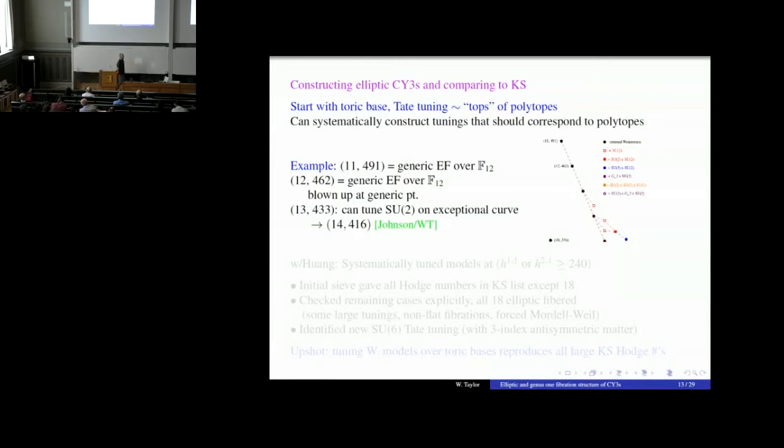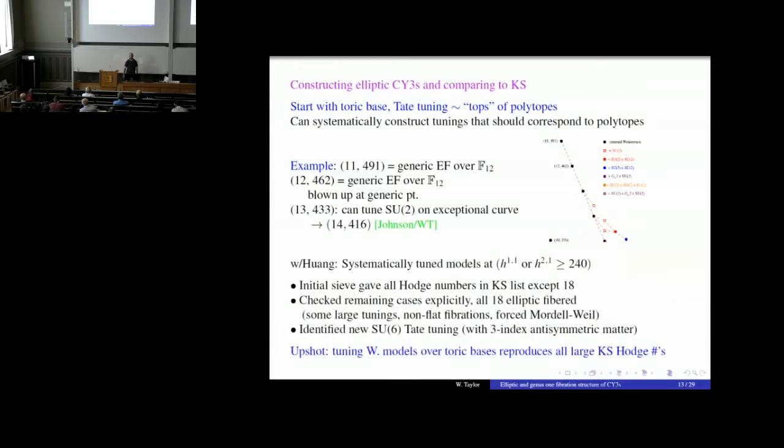So this is really what Yu-Chien and I have done more systematically. We systematically did this kind of tuning for all Hodge numbers above 240, starting with bases that we thought were appropriate. So the initial sieve gave everything in the Kreuzer-Skarke list in this range except for 18 cases. We checked the remaining 18 cases explicitly, and each of those was in fact elliptically fibered.